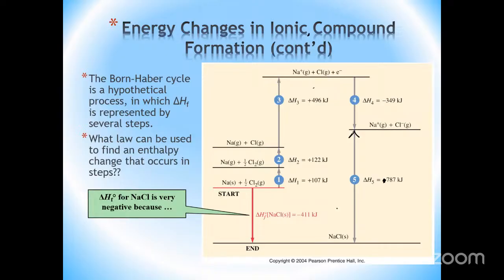So let me just scratch this out here to avoid confusion. Going from here to here is the same thing as going all the way around here to this, which would mean that this would be minus 787 going in the other direction. Or another way of stating it is that going from here to here is the same thing as going from here to here.